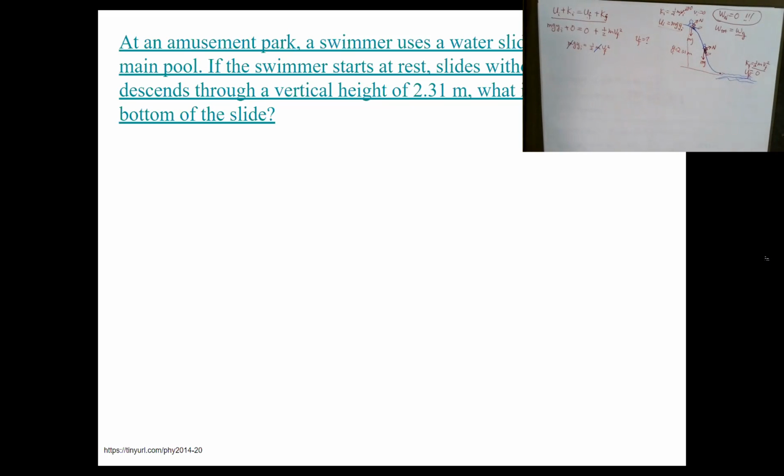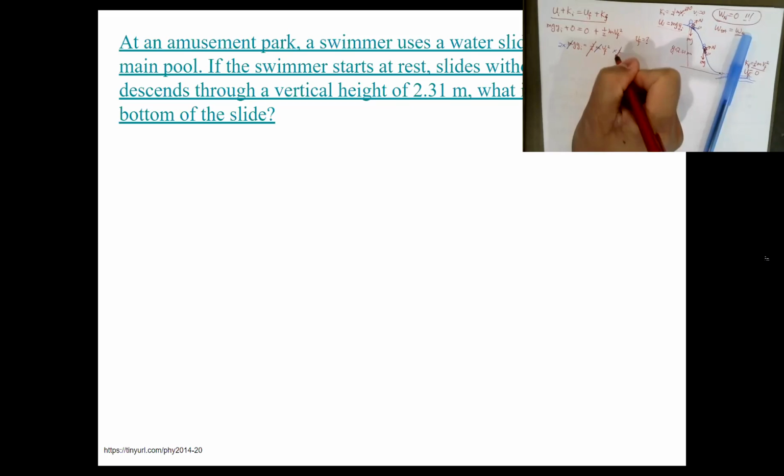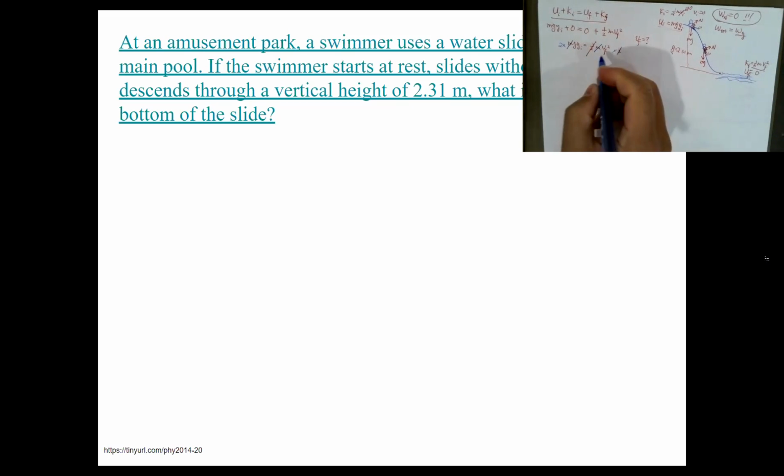Then to look for v final, you multiply both sides by 2 to get rid of the 1/2. Then this is v final squared. So the square root of 2 times g times y i is equal to your final speed.